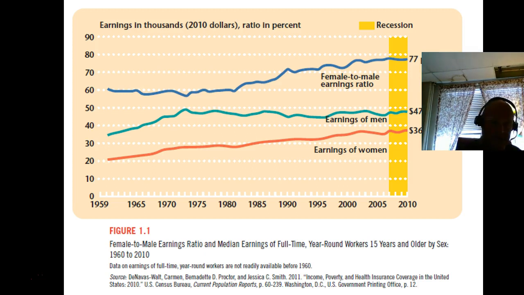How would sociologists examine this figure? Female to male ratio. Some questions sociologists may ask: what accounts for the plateau of men's earnings from 1972 and a gradual increase in the earnings of women during those years?